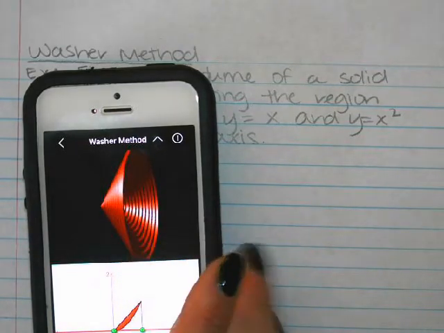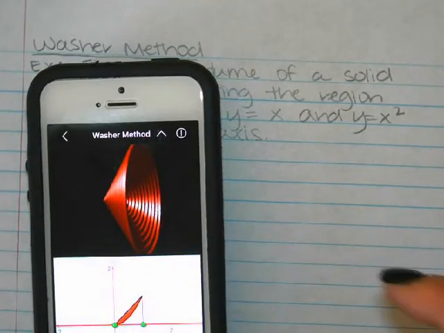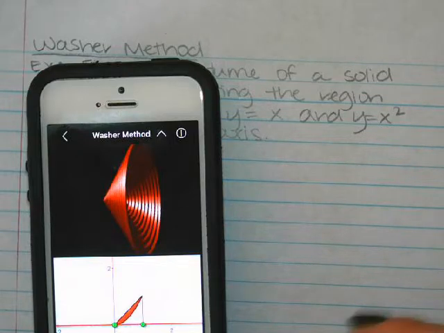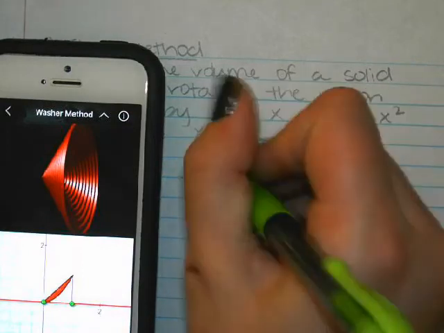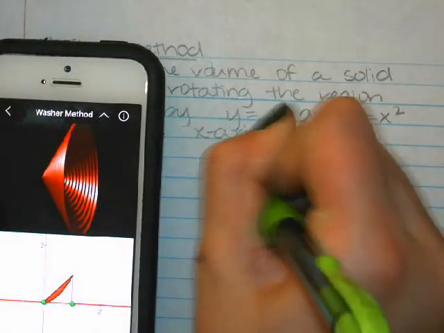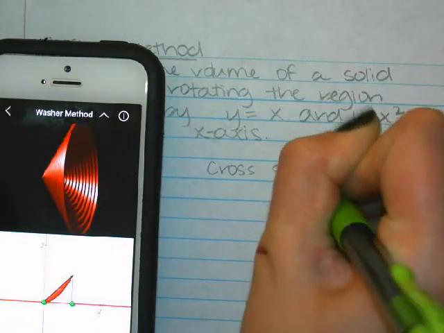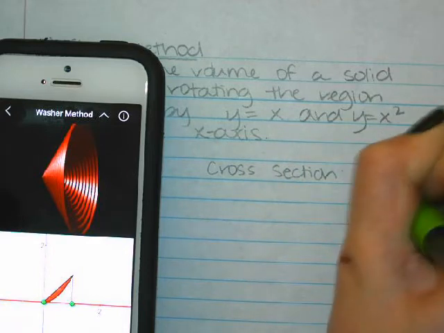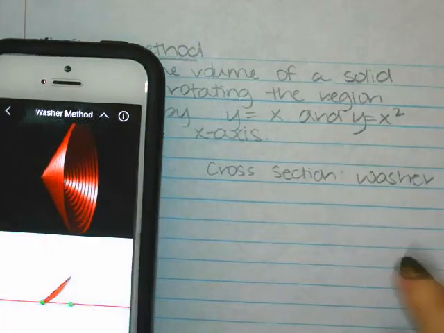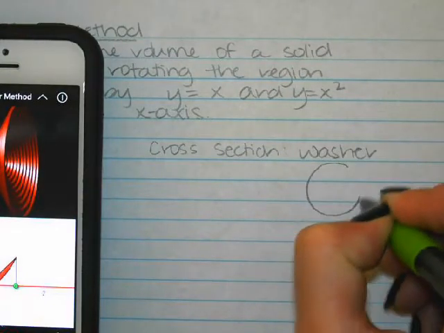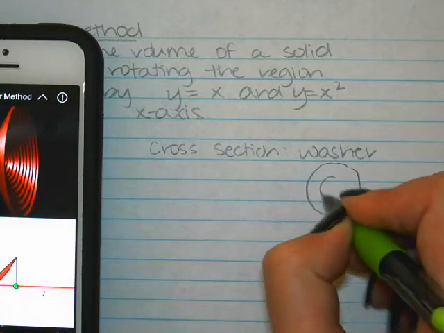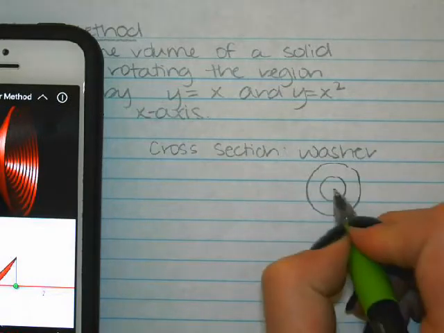All right, so when we do this, to find the area of a washer we do the outer circle minus the inner circle, okay? So on here, I'm going to write that my cross section is a washer, which means we have an outer circle and an inner circle.